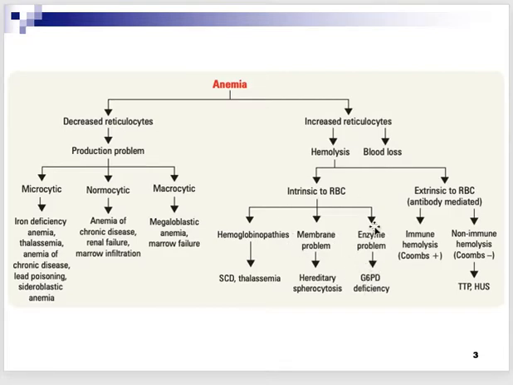Other than that, the problem here is intrinsic to the RBC, right? So either it's a membrane problem, an enzyme problem, or hemoglobinopathies. There are many other things like pyruvate kinase deficiency, but we have to discuss the important ones. To tell you the truth, if there are just one or two hematology lectures, they usually just teach, for example, iron deficiency anemia, and they just go.